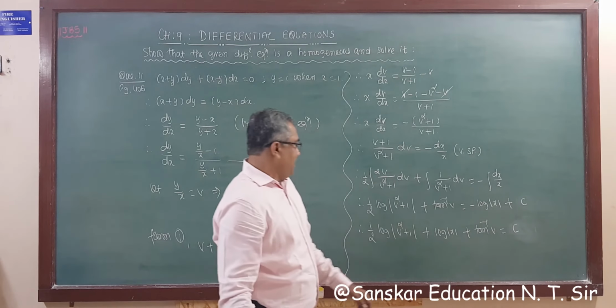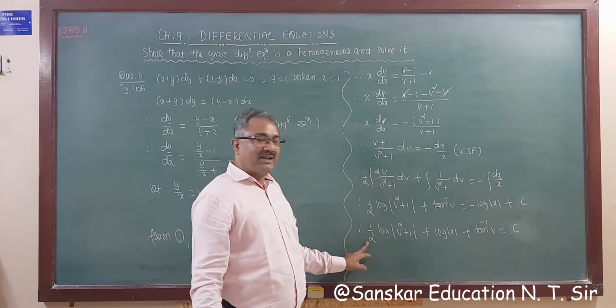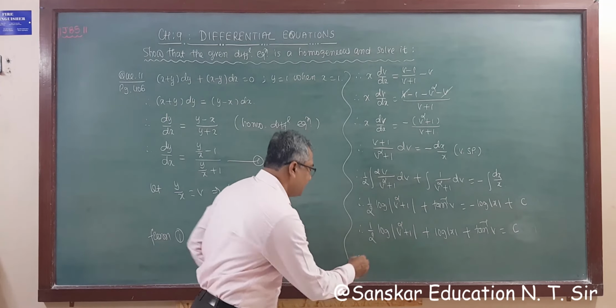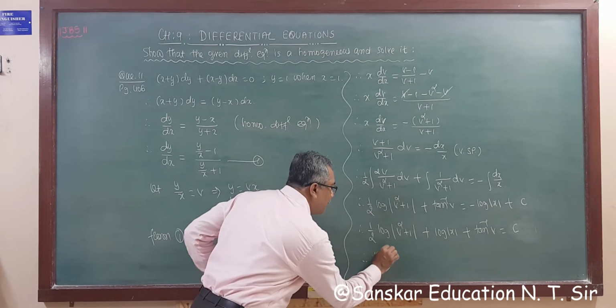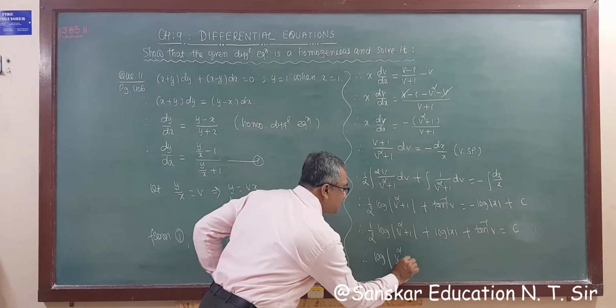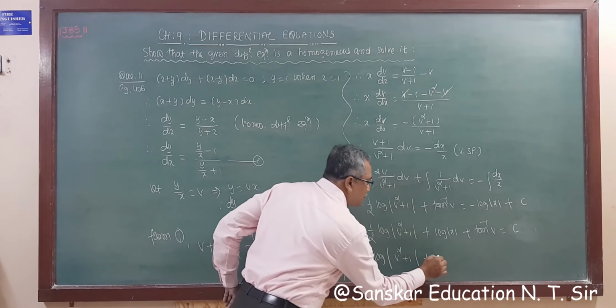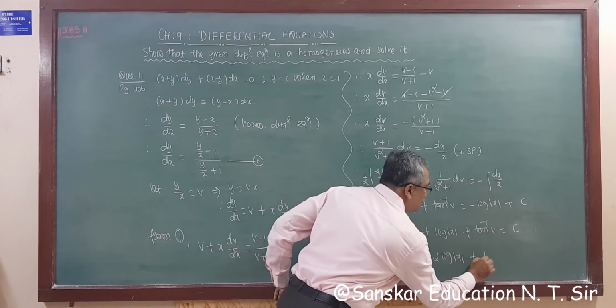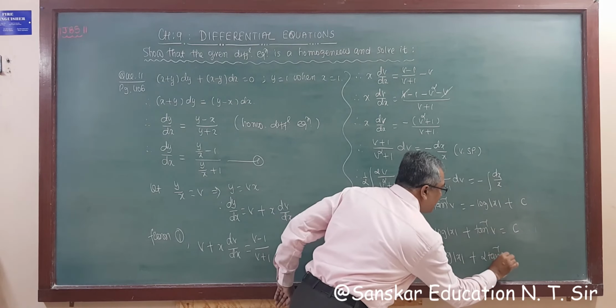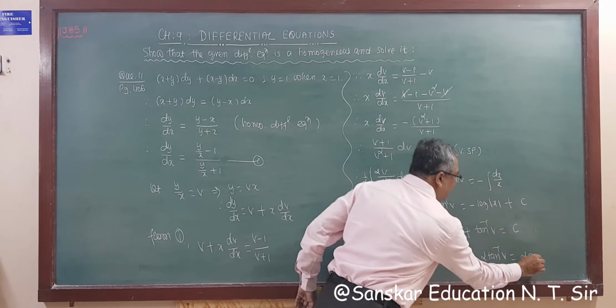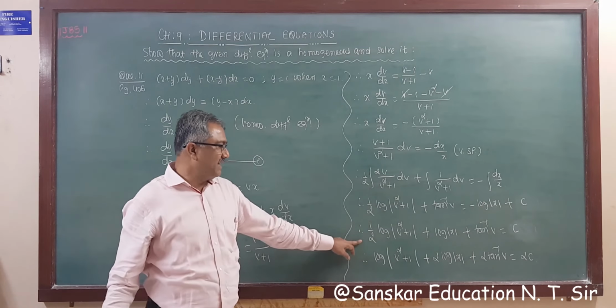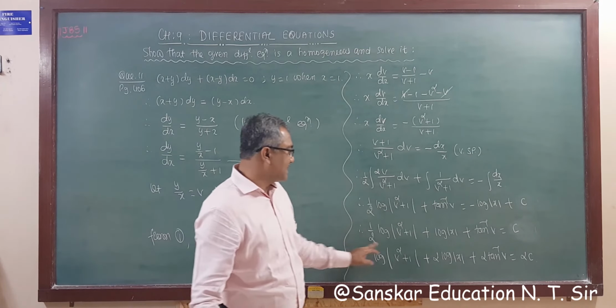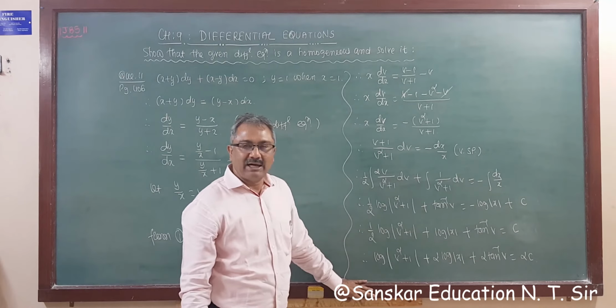Right? So now multiply by 2 here, what we get? So log mod v square plus 1 plus 2 times log mod x plus 2 tan inverse v is equal to twice C. So this is your answer.